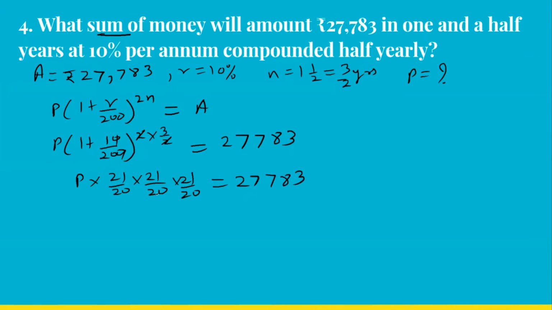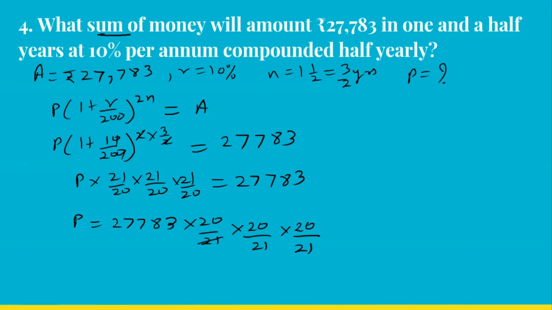Equal to 27,783. So this goes over to this side. We shift all this 21 upon 20, which becomes inverse there. So we get 27,783 multiplied by 20 by 21, multiplied by 20 by 21, multiplied by 20 upon 21. So let us divide this by 21.